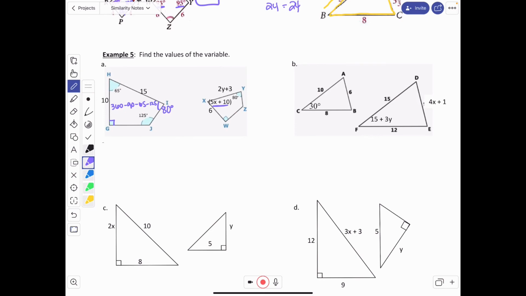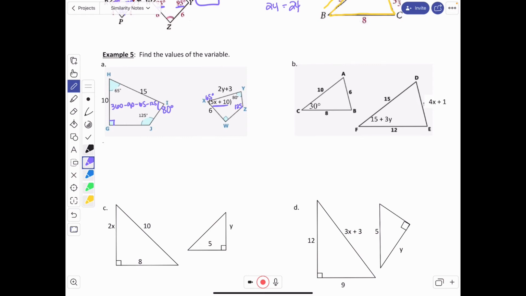Okay, so now what I can do is I can go and I can fill in on my other side what all of these angles are. Okay, so this, and actually I didn't even have to do that. If this was 80, this was my 125 degrees, this was my 65 degrees.